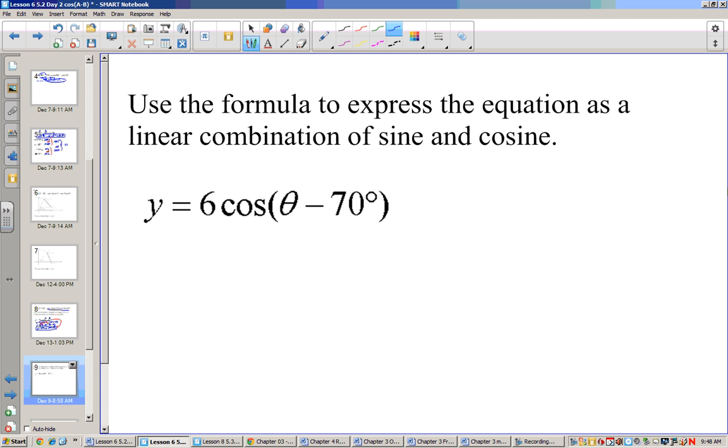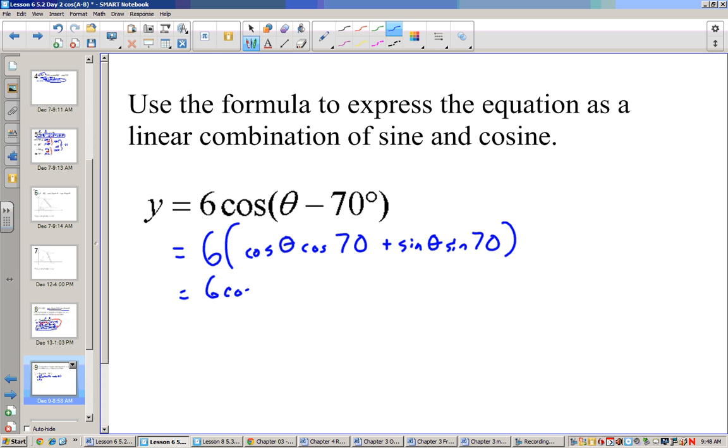All right, let's try this one. Now, if you think you can do this on your own, pause the video and then check to see if you're right. We'll take a 6 to the outside, and we'll expand this cosine theta cosine 70 plus sine theta sine 70. Now, on this one, we can't just find cosine of 70 on our own. We have to use our calculators. But I'd like to distribute this first.